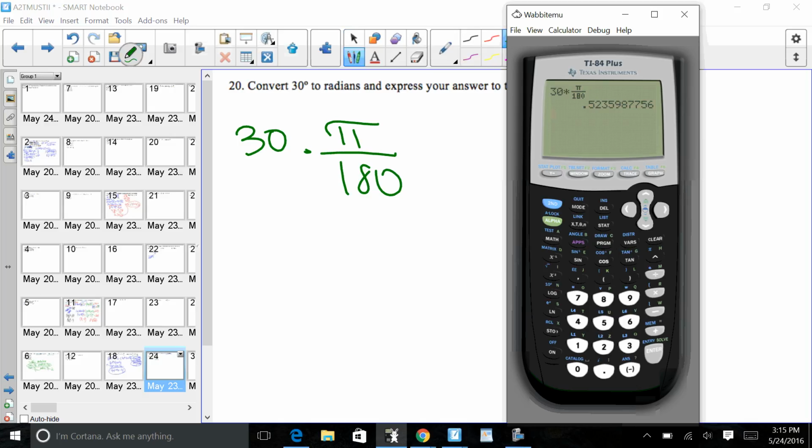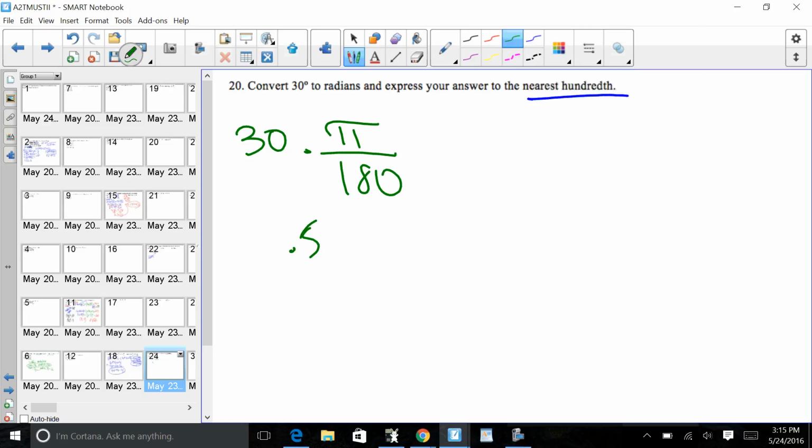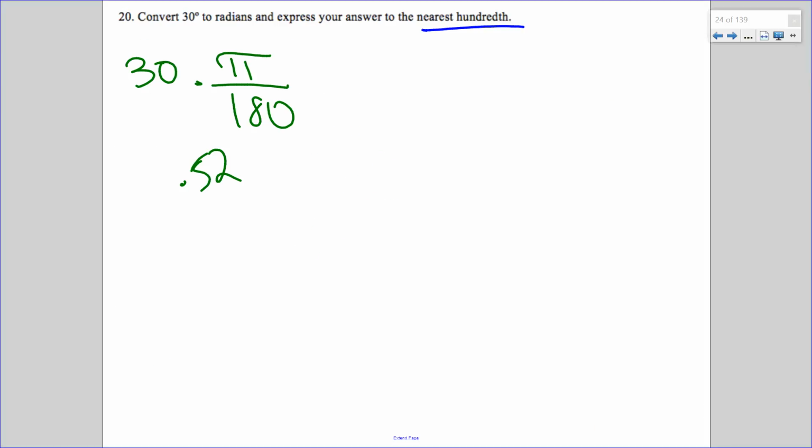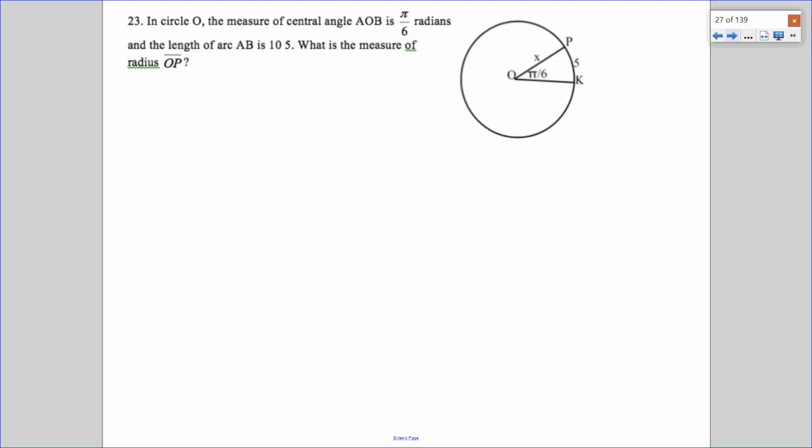To the nearest hundredth, that's 0.52. That's it. Not difficult, as long as you know how to do it. Same thing for 21. Same thing for 22. And finally 23.